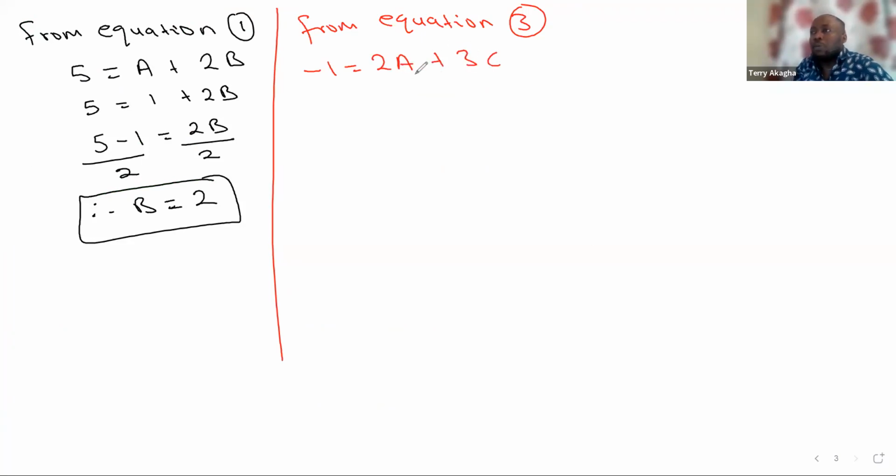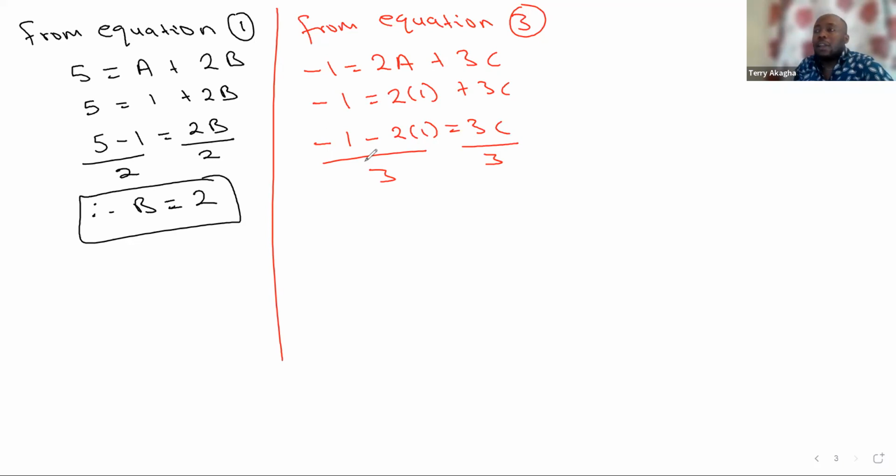We still know our a to be 1, right? So it's going to be minus 1 is equal to 2 into bracket 1 plus 3c. Take it to the other side. So it's going to be minus 1 minus 2 into bracket 1 is equal to 3c. Divide both sides by 3.